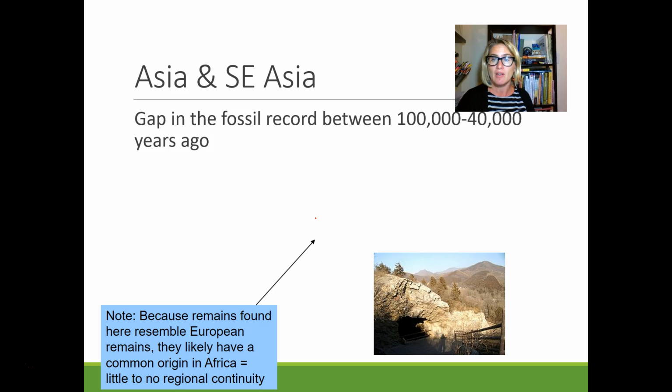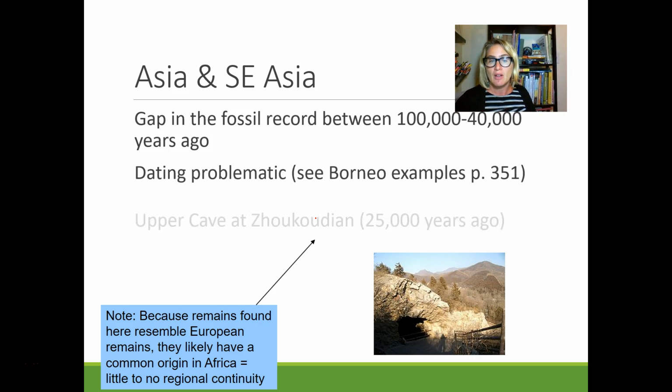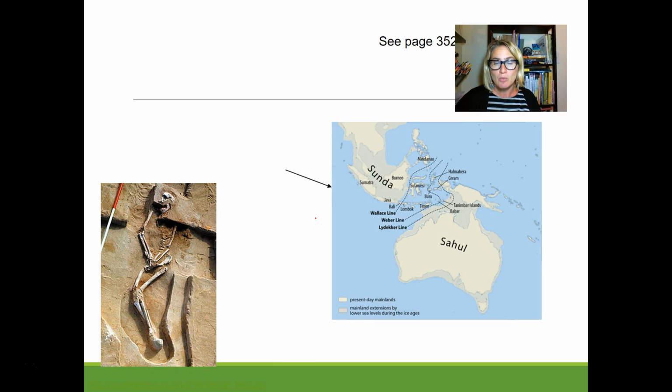Some of these sites are along the coastline. I've read about one site where people had to rappel down the side of a cliff to get to a cave where they could find some remains, and partly because of the geopolitical situation in this region.